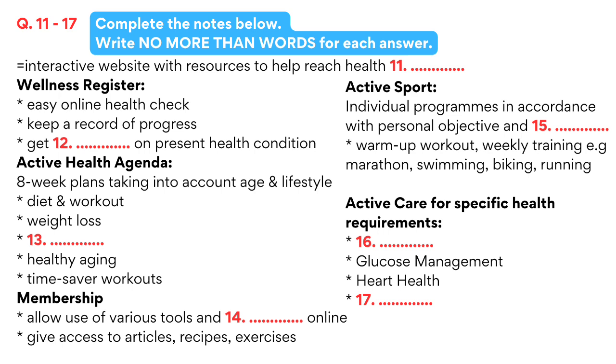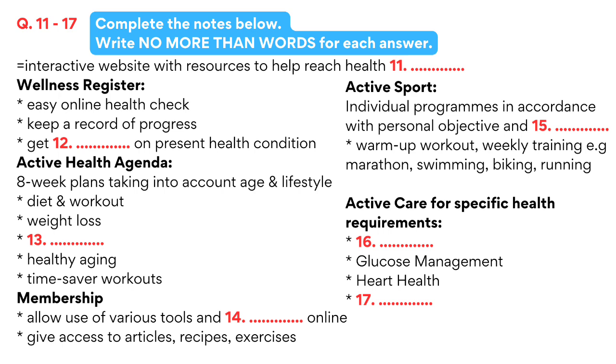If you join up to Be Well Online, you'll not only be able to use a whole suite of interactive tools and calculators, but you'll also have unlimited access to an extensive library of health articles, delicious, simple recipes, and illustrated exercise descriptions.